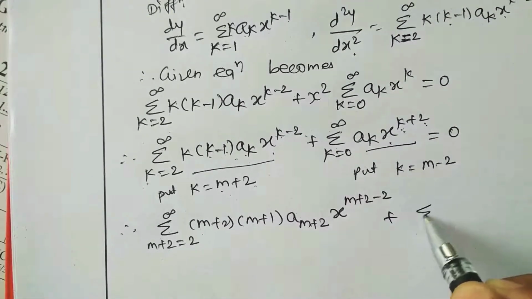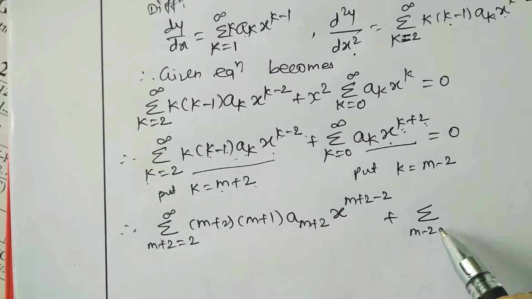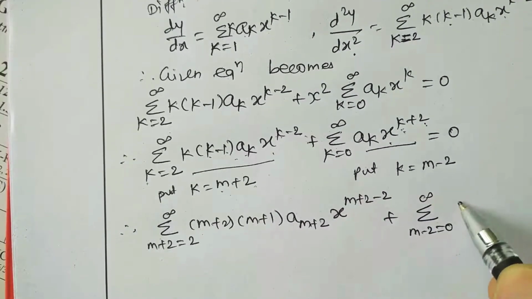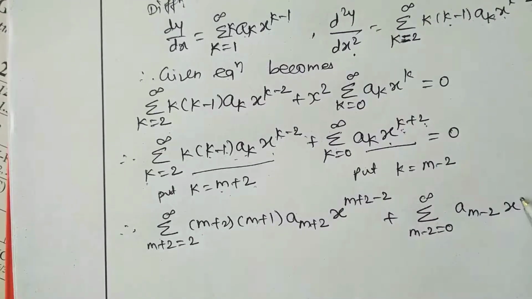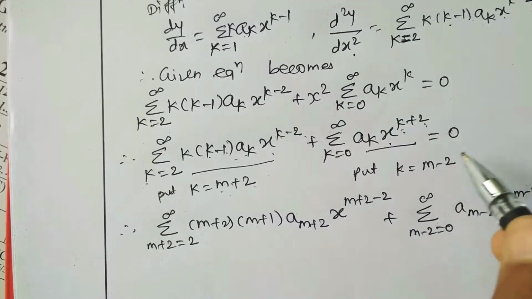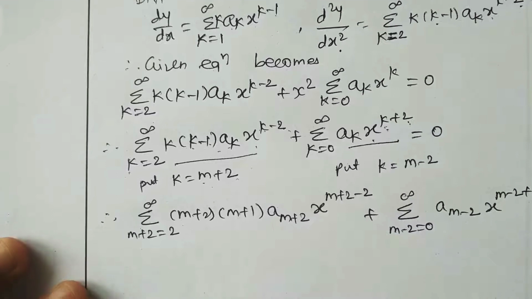Plus the summation where the value of k is m minus 2, from 0 to infinity, a_k where the value of k is m minus 2. Then x to the power k, where the value of k is m minus 2 for the second part, plus 2 equals 0.